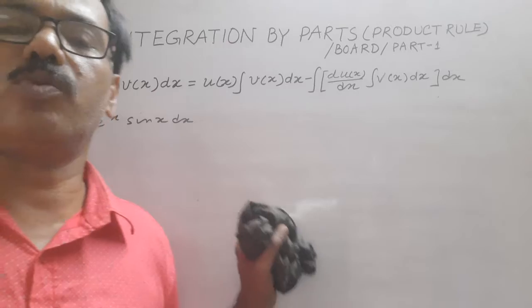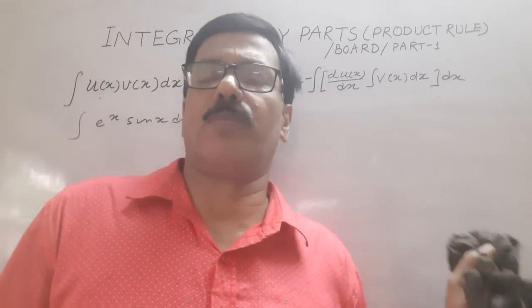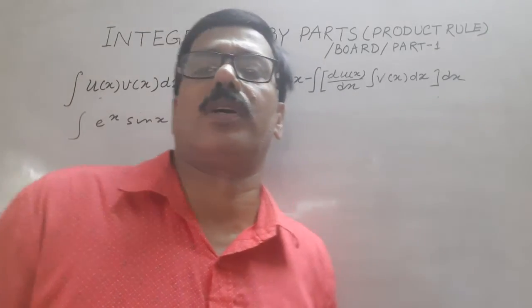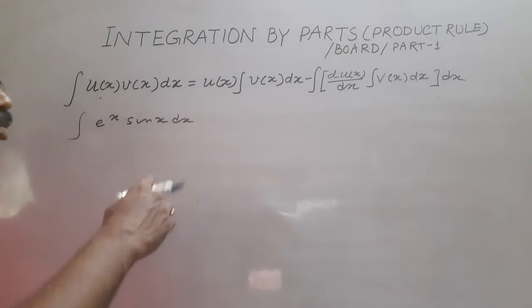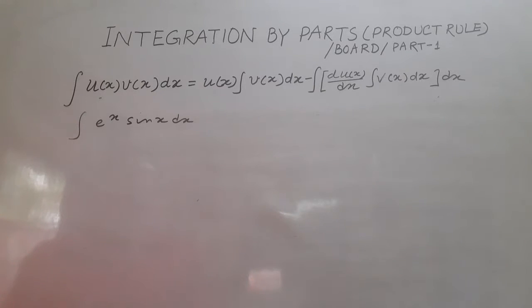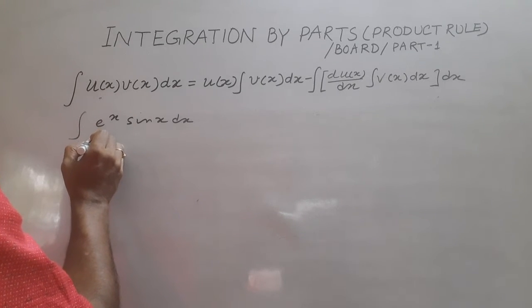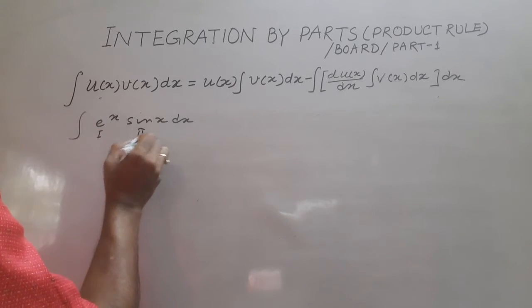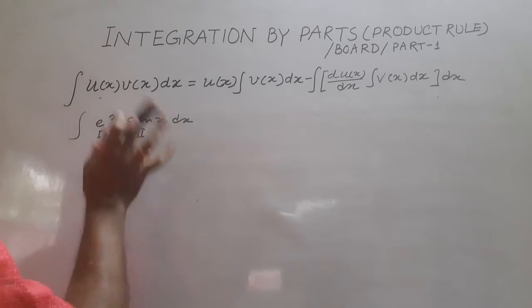In this case, we take any one of the functions as first function. Then we use repeated integration. So consider this one as first function and this one as second function, because both are integrable.